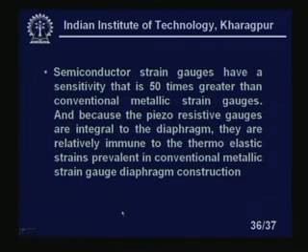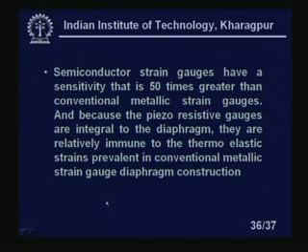Now, semiconductor strain gauges have a sensitivity that is almost 50 times greater, sometimes even more, because as I told you, in case of advance it is 2, but if you use some other, suppose isoelastic which has around 3 to 3.5, in that case it is 50 times greater than the conventional metallic strain gauges. And because the piezoresistive gauges are an integral part of the diaphragm, they are relatively immune to the thermoelastic strain prevalent in the conventional metallic strain gauge diaphragm constructions, right.